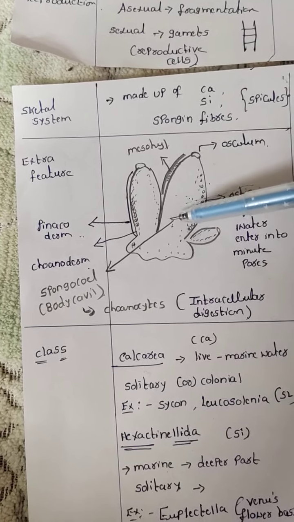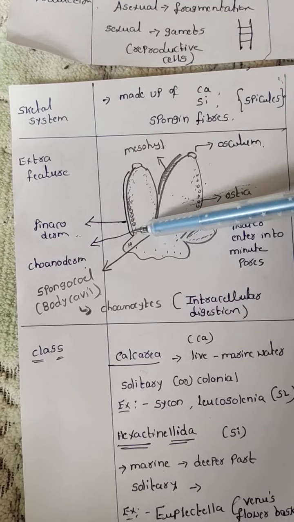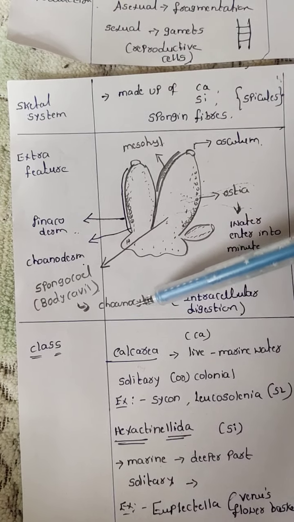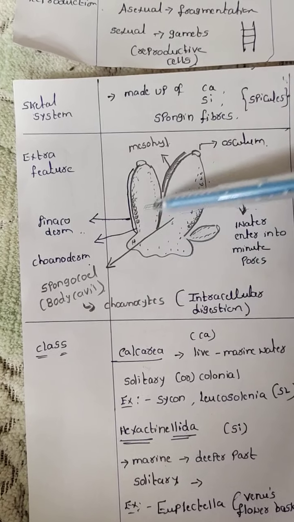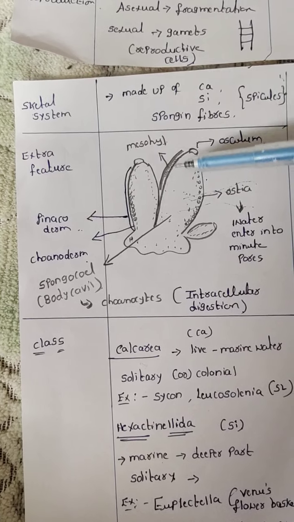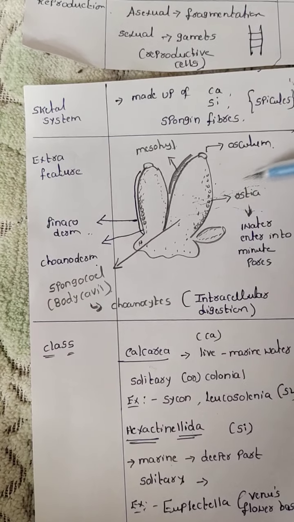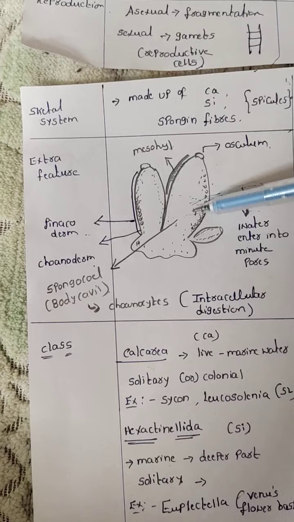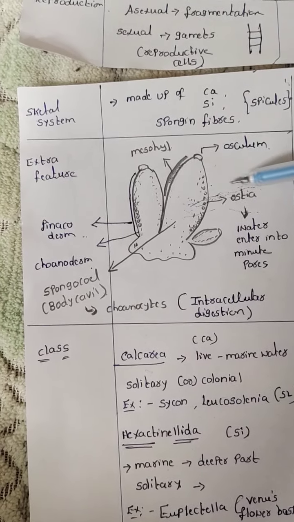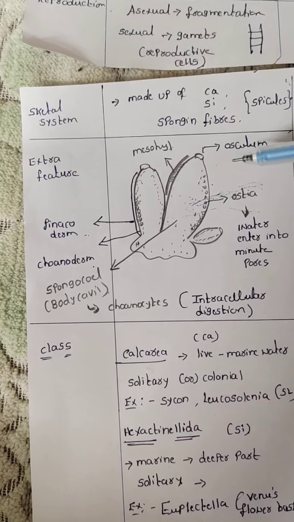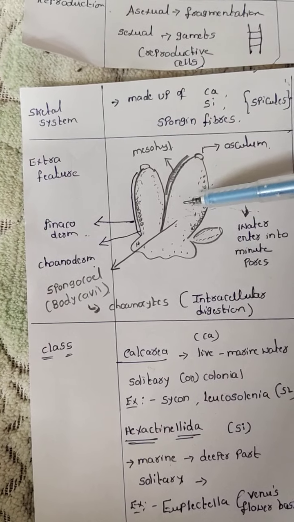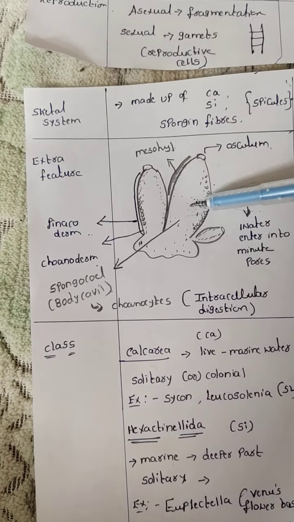Okay. Now, what is said? The inner one is called choanoderm. It has specialized cells, and those cells are called choanocytes. That's why in this region choanocytes are present. Now see here, through the ostia the water enters inside. When water enters inside, the nutrients and minerals present in the water enter the body cavity, and some microorganisms also enter.